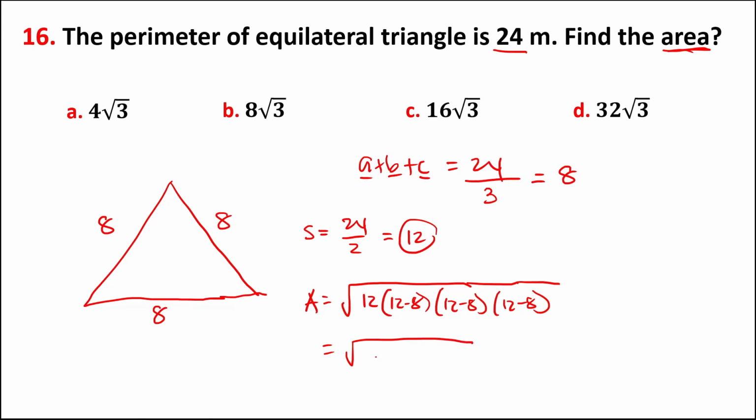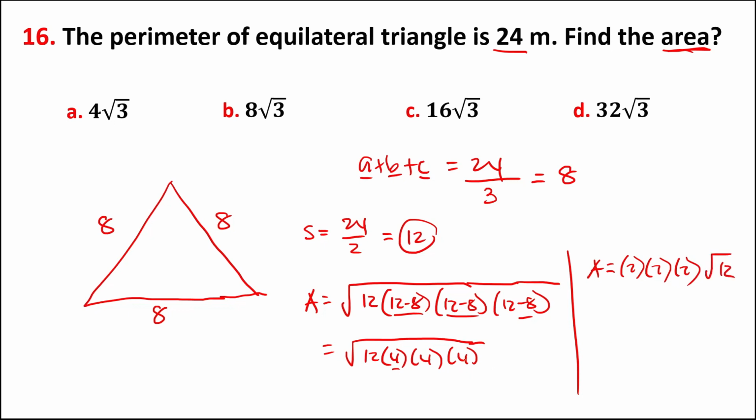So the area equals the square root of 12 times 4, times 4, and times 4, because 12 minus 8 is 4. Since the square root of 4 is 2, this becomes 2 times 2 times 2, times the square root of 12.